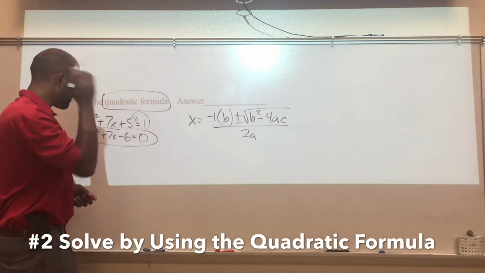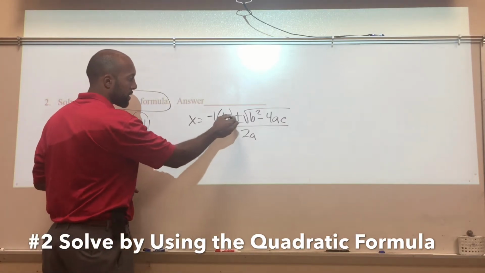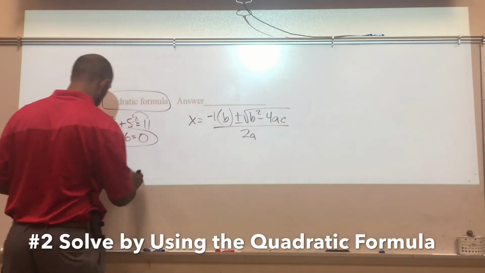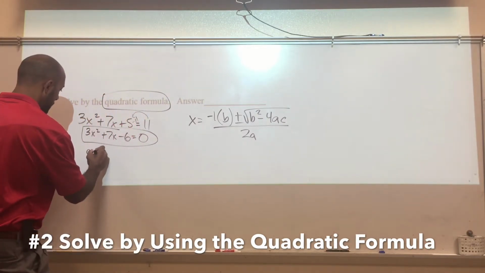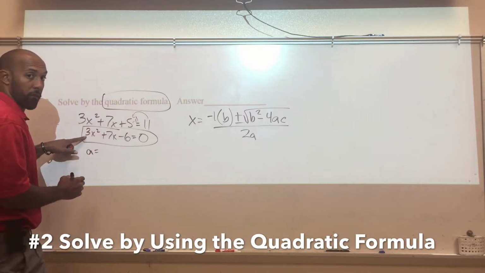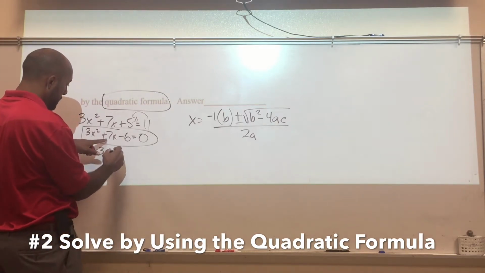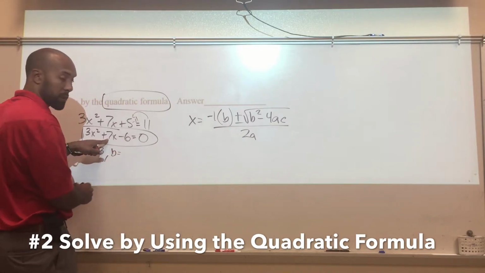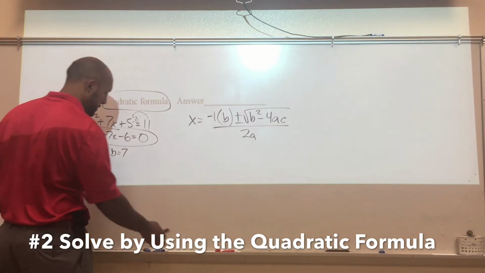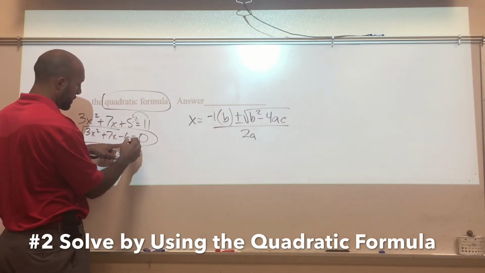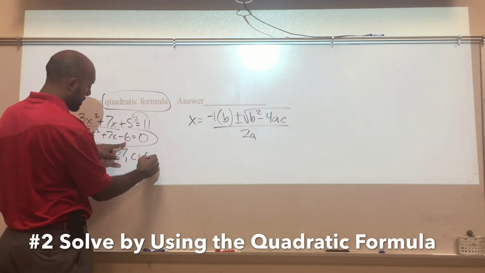So first thing we need to know is all these different letters here: A, B, and C. So let's figure those out. Looking here, A comes from the first coefficient, the first number. So it's 3. Then the B is our second number, 7. The C is our third number, negative 6.